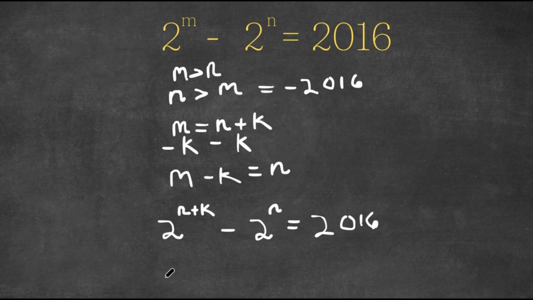Now this can also be written as 2 to the power of n times 2 to the power of k minus 2 to the power of n is equal to 2016.